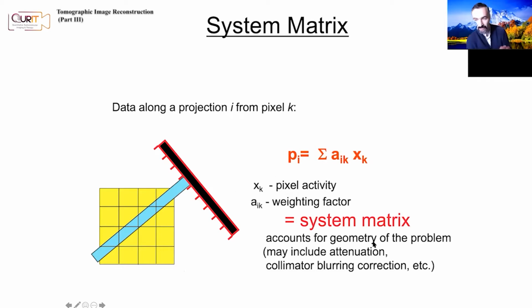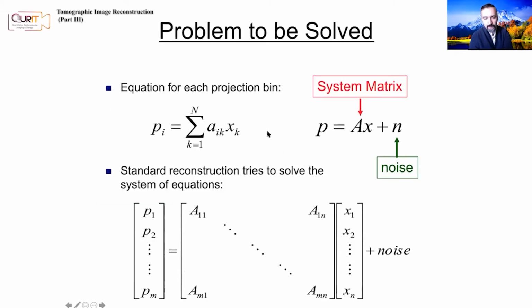And this, by the way, as we've said before, is the reason SPECT has become quantitative, because attenuation correction in SPECT is very difficult, and through this formalism, you can make it happen. You can calculate the attenuation for any given pixel or voxel and put it in the system matrix. So it's a very powerful approach to the problem.